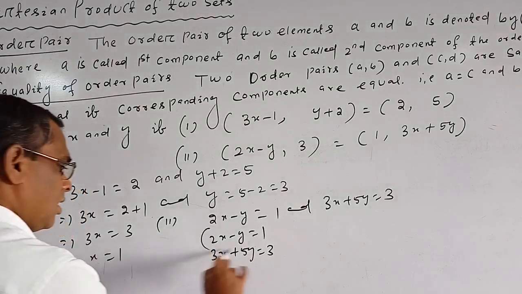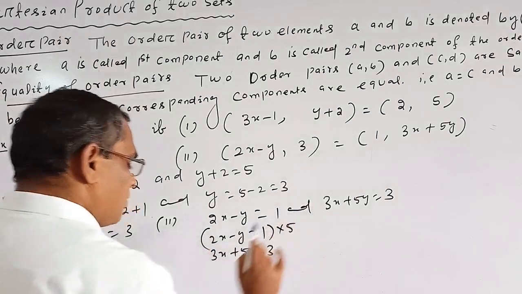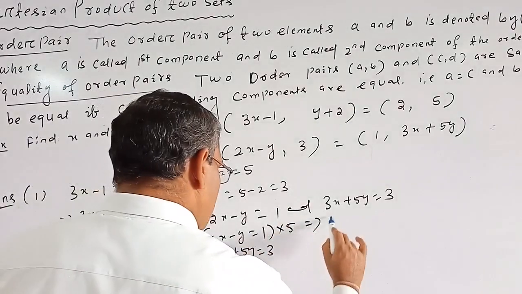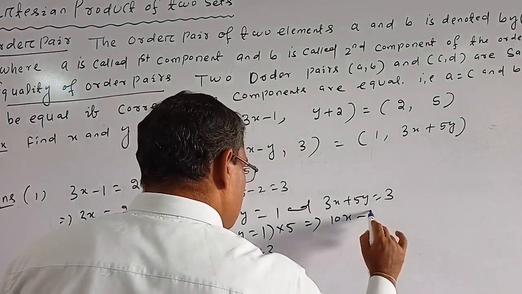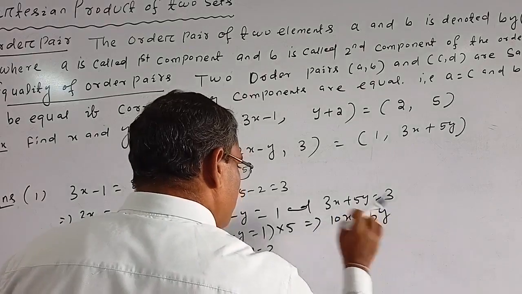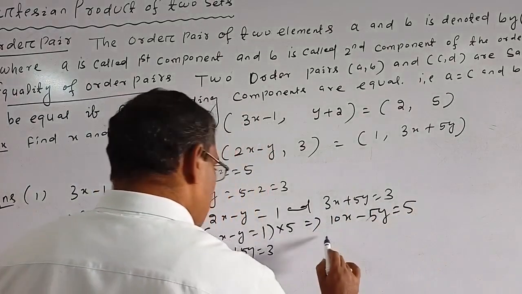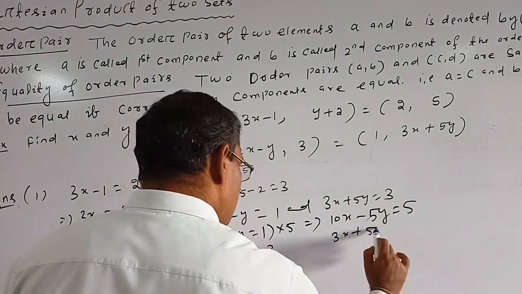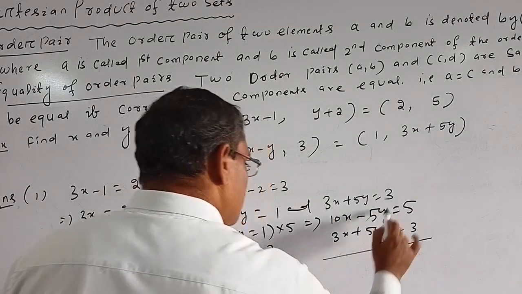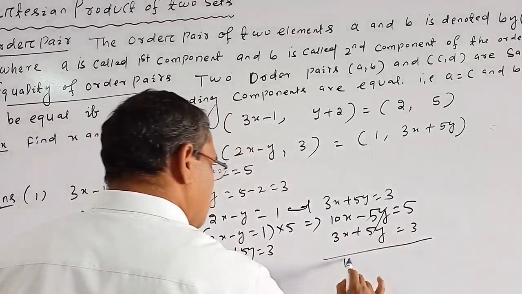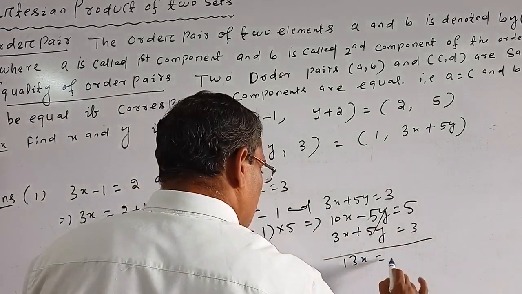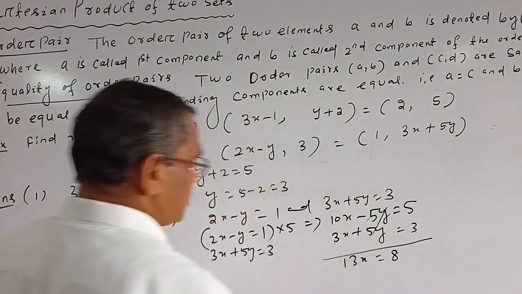Now in equation 1 multiply by 5. So multiplying by 5, it becomes 10x minus 5y is equal to 5. Here 3x plus 5y is equal to 3. So cancel this. 13x is equal to 8.